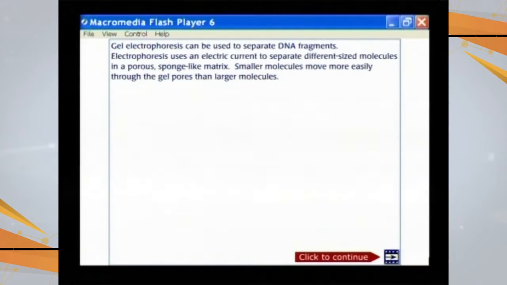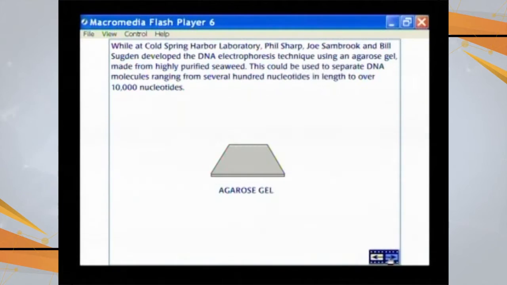In the last animation, we have seen how we are going to separate that. There is a process of separation of these DNA fragments of various lengths, and this process is called gel electrophoresis. Going with the steps of gel electrophoresis, this process is used to separate DNA fragments of different lengths, and this is the agarose gel which is used.